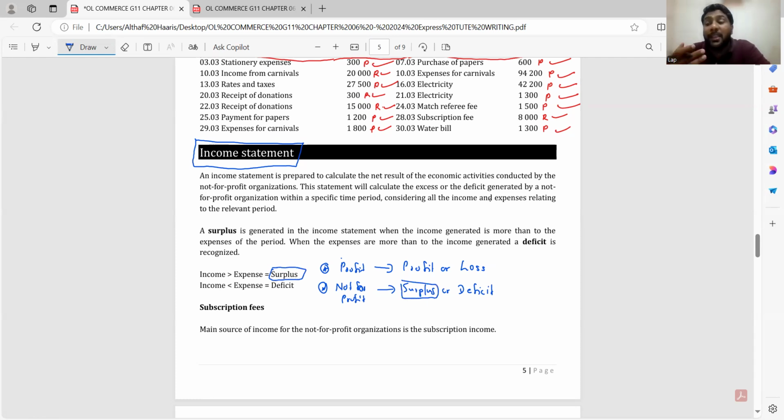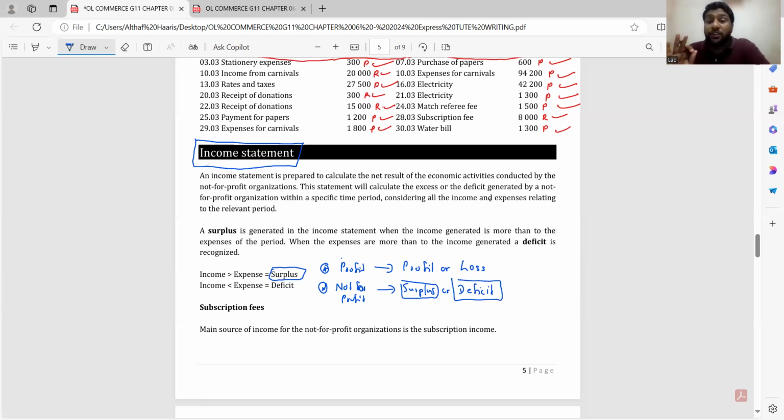If your income is less than the expenses, that means we make a loss. But we will not call it a loss. We will call it a deficit.